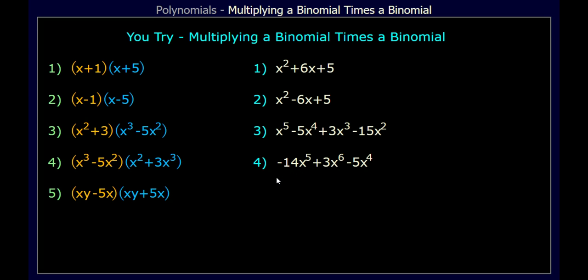I know that's tricky. The next one, important case, it's a difference of squares. You can do that one. So when they look exactly the same, but the sign's different, something cancels out.